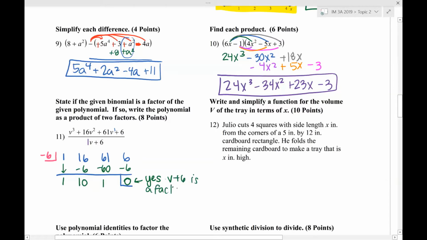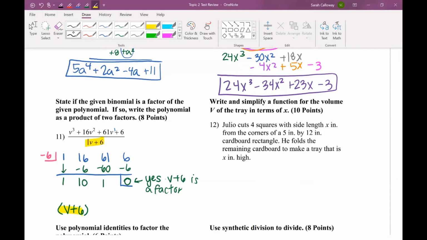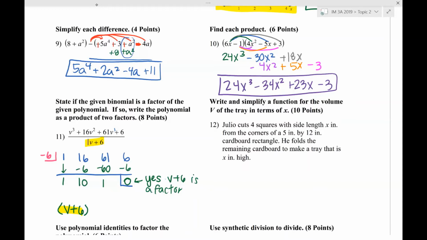And so what we're writing then is our product is v plus 6 times our divisor times the expression that's related to our result. Remember that because this was v to the third power, our result is going to be v squared.